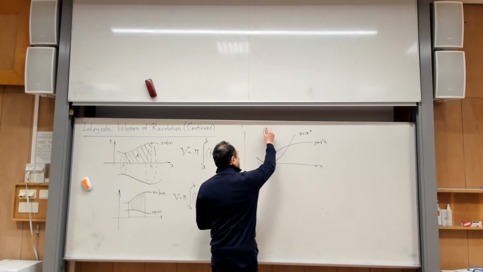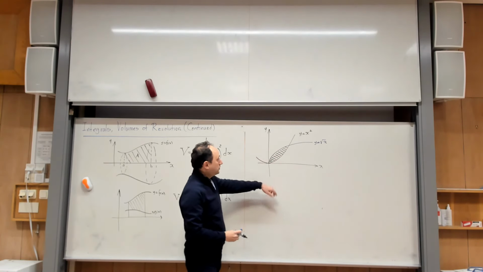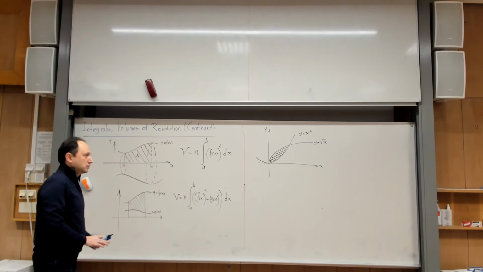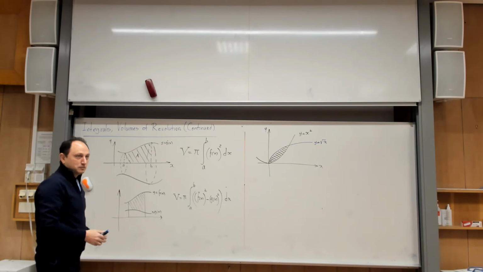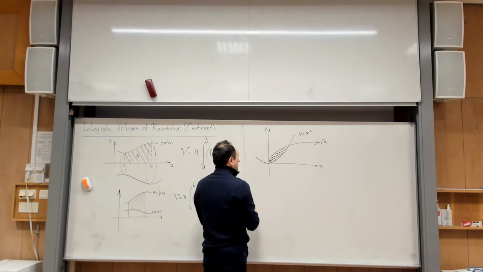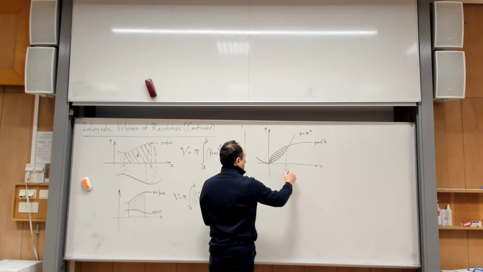And now I am interested to take this area between these 2 curves and rotate it about the x-axis. I don't know, can you imagine what it will be? It's still hollow inside, yes? So if you want to imagine, you can imagine it like this.